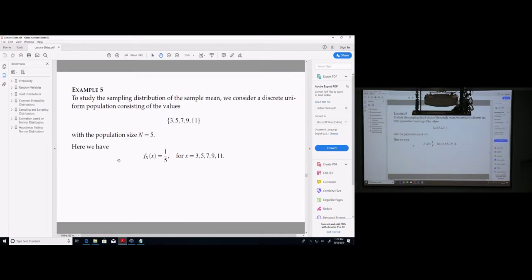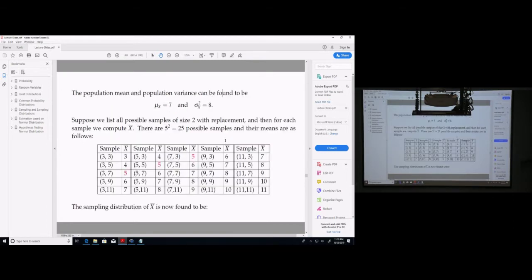Now to study the sampling distribution of the sample mean, we consider this as an example. Each one is equally likely. So I'm picking an odd number from 3 up to 11, inclusive of them. So each one has a probability of 1/5 to be chosen. And the population mean and population variance can be found by this.